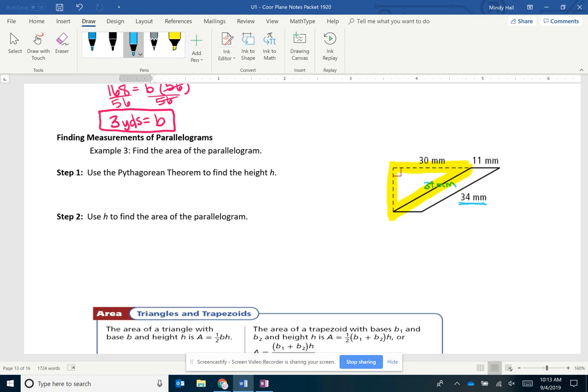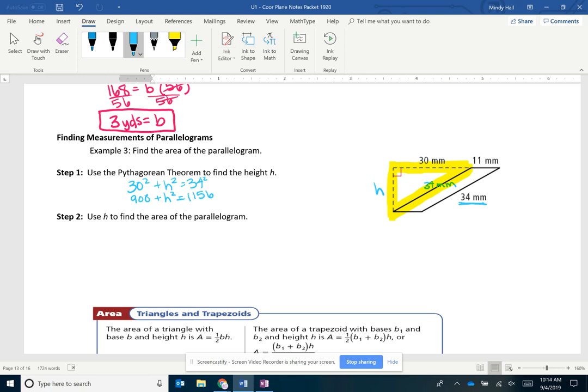So using the Pythagorean theorem to find our height, I would have 30 squared plus h squared equals 34 squared. So then 30 squared is 9,000, or no, I did 300 squared, oops. 900, there we go. So 900 plus h squared equals 34 squared, which is 1,156.